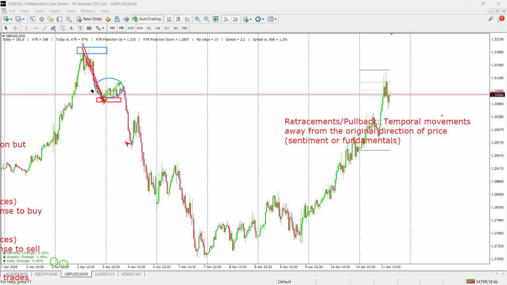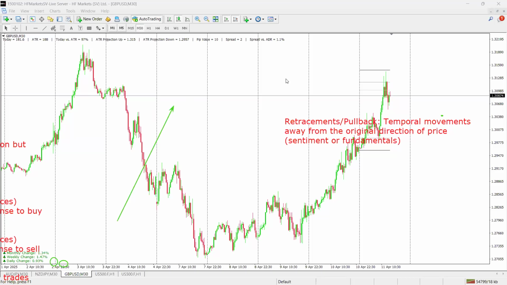So the idea for us is, when we look at moves in the market where we expect the market is still interested in buying, for example, a price that has gone up and you know that you have missed the opportunity, what we always need to do is wait for a retracement, that is a temporal movement away from the original direction.